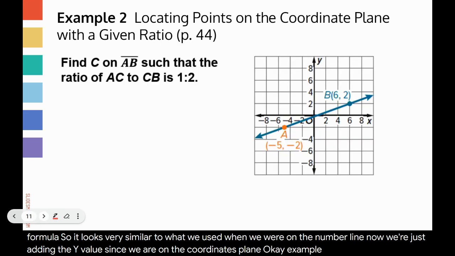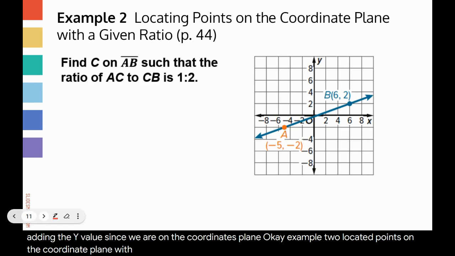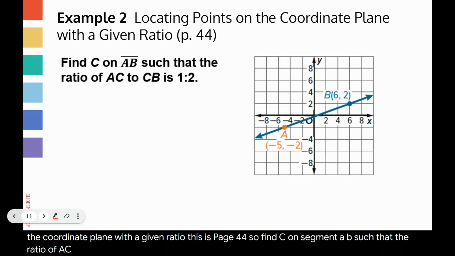Okay, example 2, locating points on the coordinate plane with a given ratio. This is page 44. Find C on segment AB such that the ratio of AC to CB is 1 to 2. They give us our A, they give us our B, and this ratio is 1 to 2.